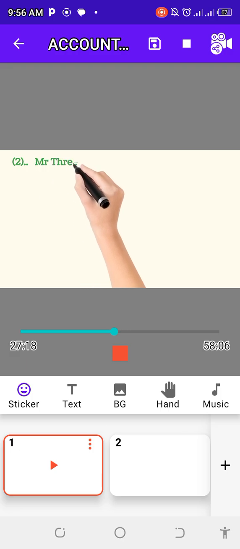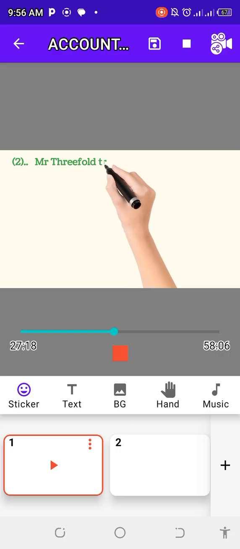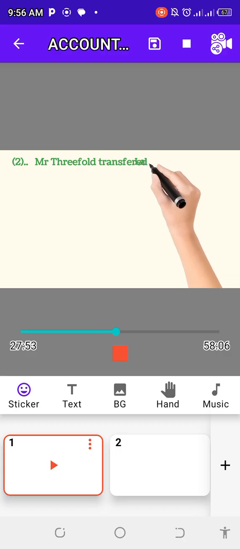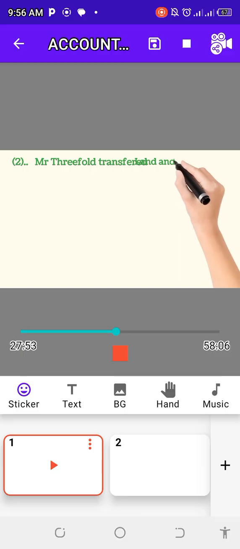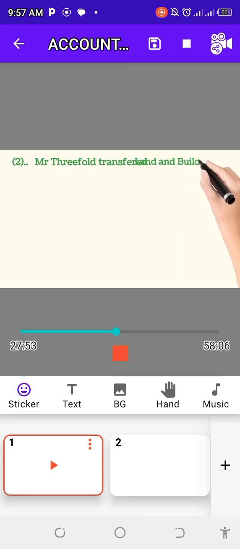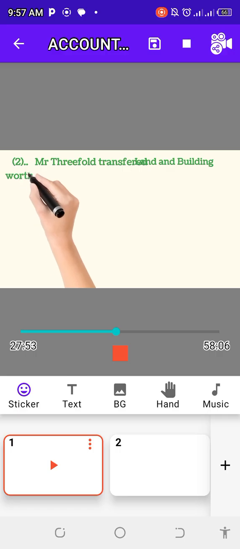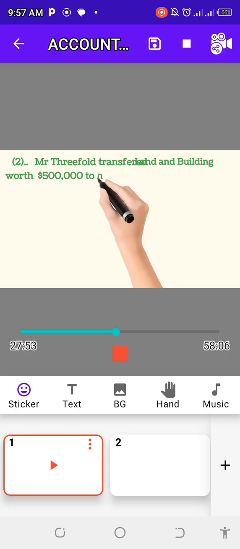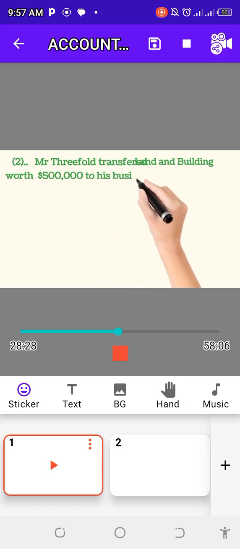Now, this is example 2. Example 2 says, Mr. Treeford transferred land and building worth 500,000 to his business.